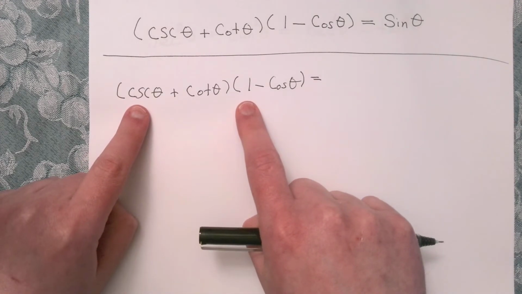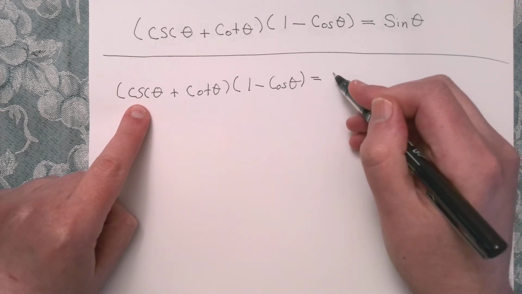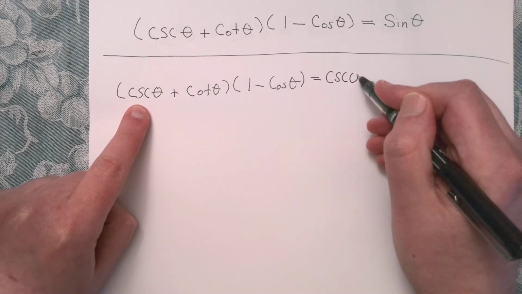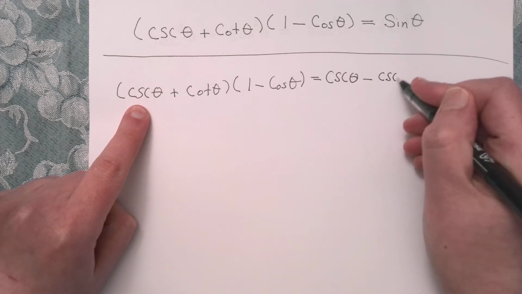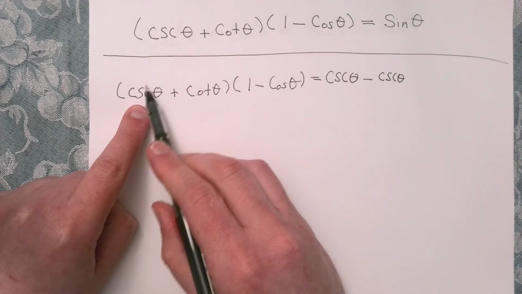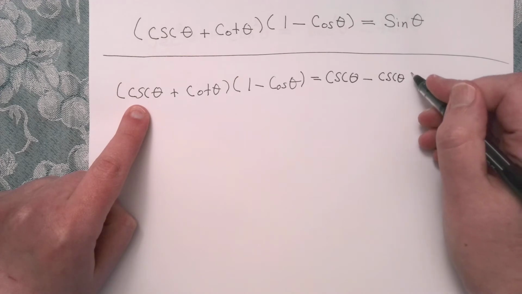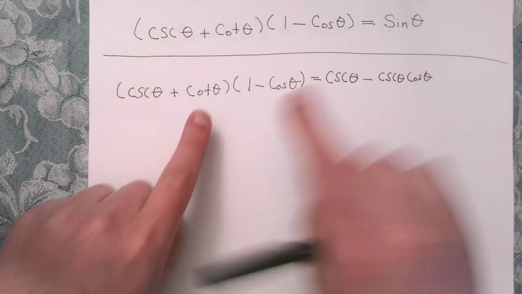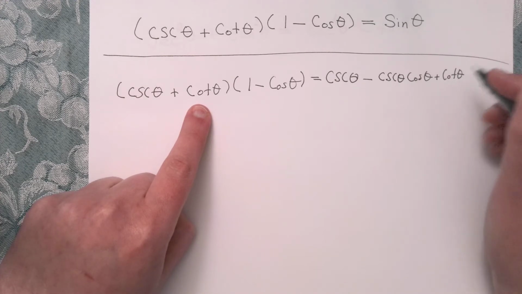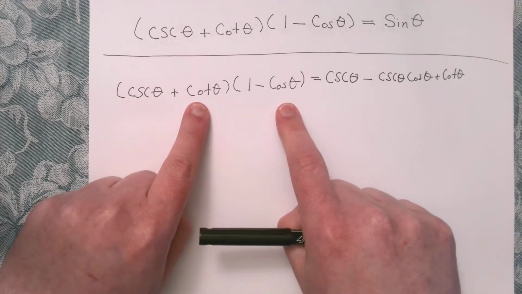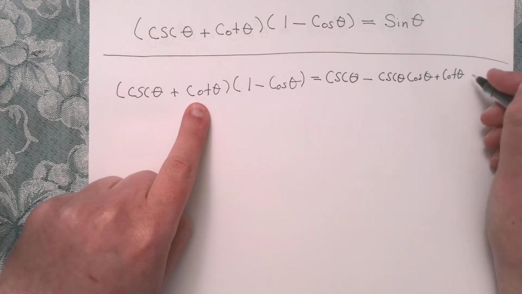Okay, so let's multiply here. So that's going to be cosecant of theta minus cosecant of theta times cosine, right? So just distributing. And then I distribute here, so that's going to be a cotangent of theta, and this will be a cotangent times cosine.